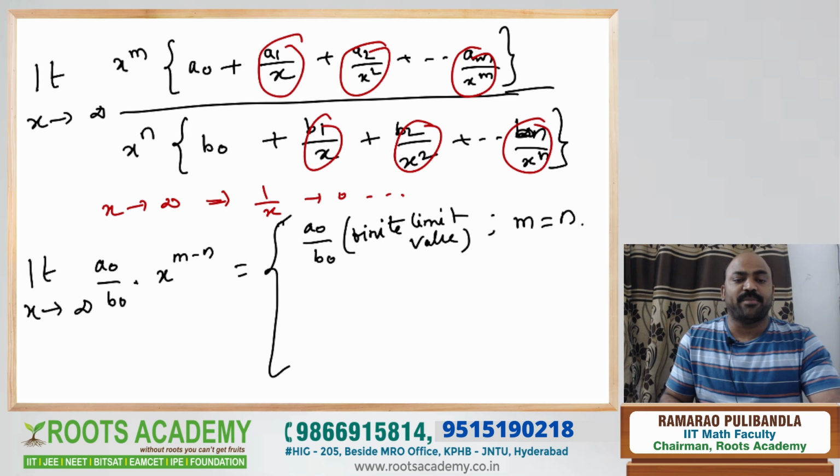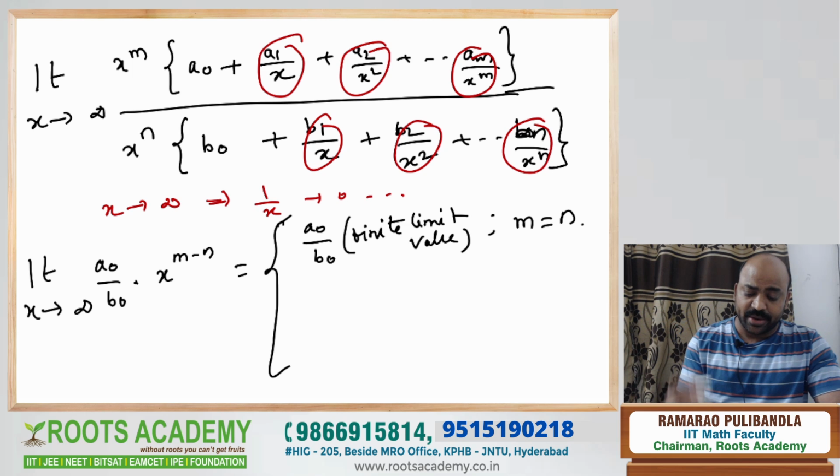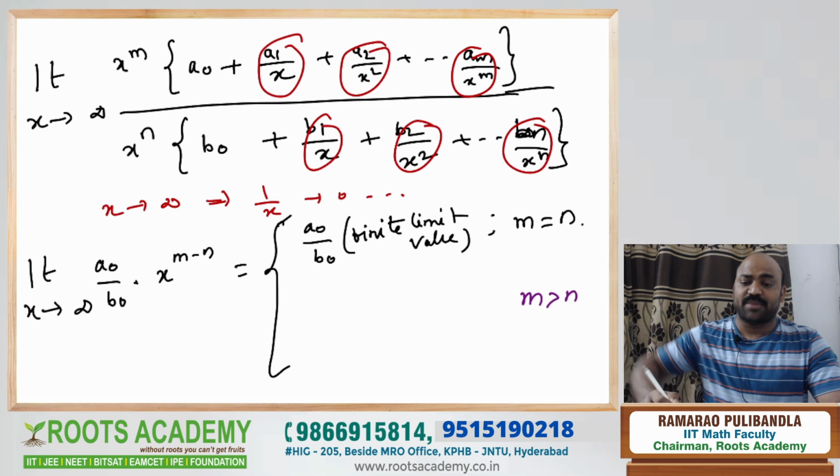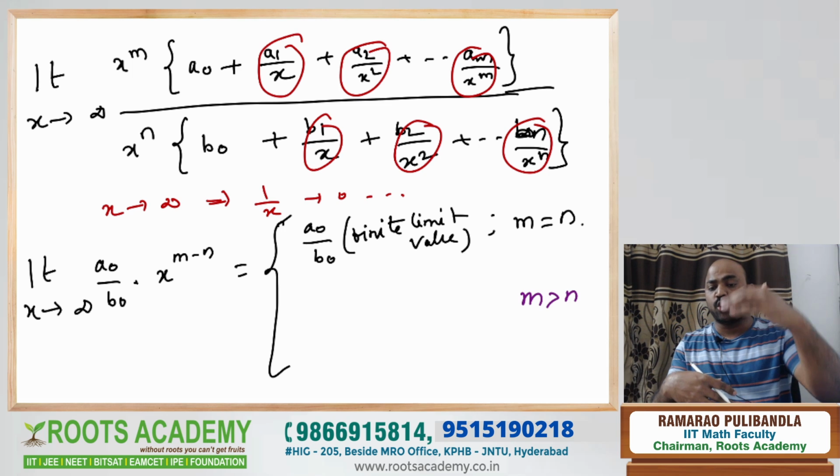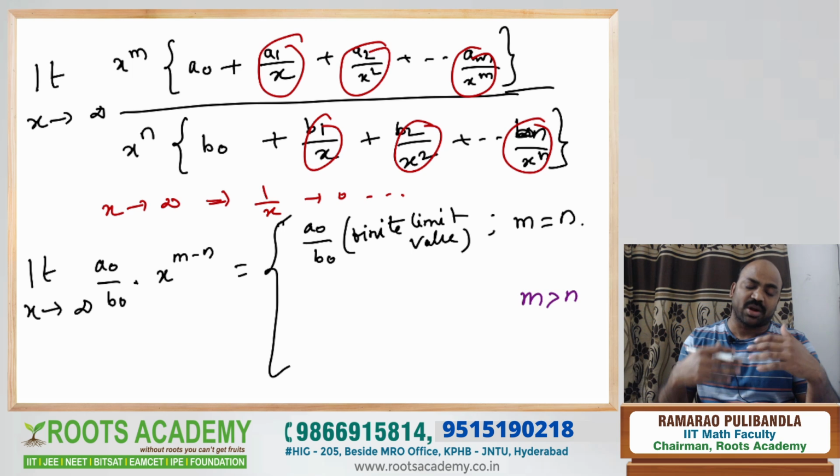So always remember one beautiful thing: when the degrees of numerator and denominator are both equal, we can say the limiting value is finite. Finite means a naught by b naught. Now coming to when I have m greater than n, this is another beautiful case, meaning the numerator degree is, for example, cubic and the denominator degree is quadratic.